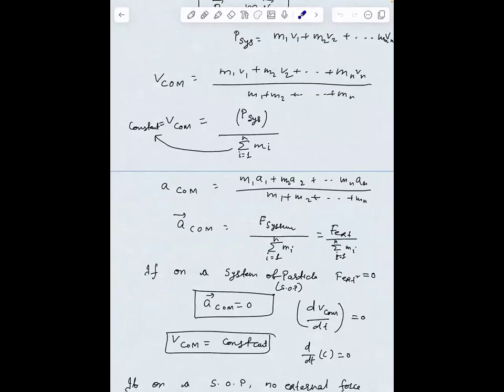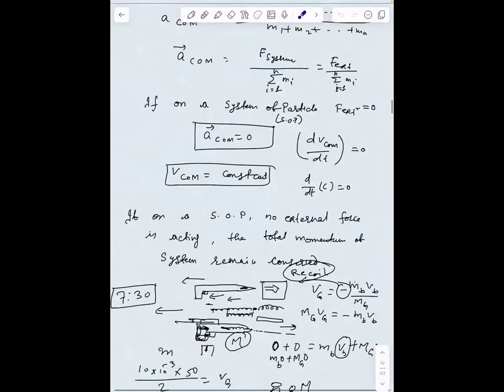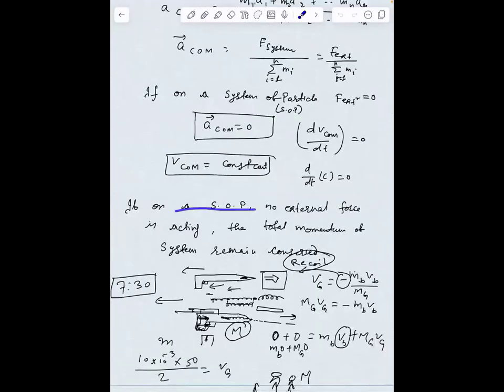Yes, sir. Now you write this point: in a system of particles, if no external force is acting on the system, the momentum of the system of particles remains conserved. Can you show the previous slide one?